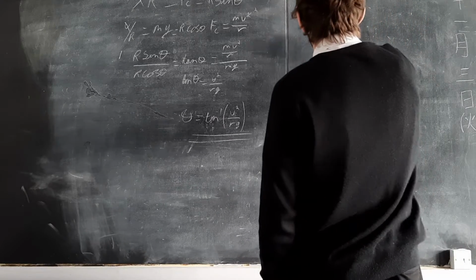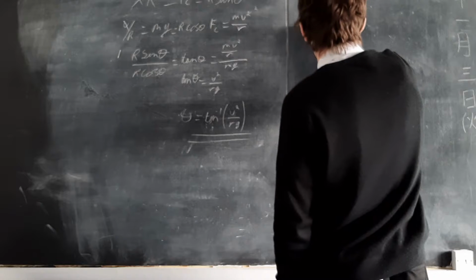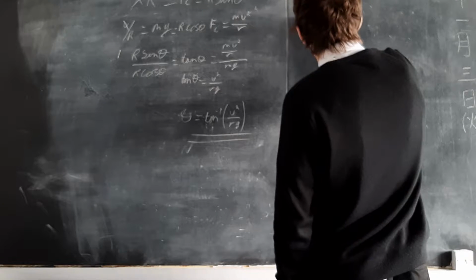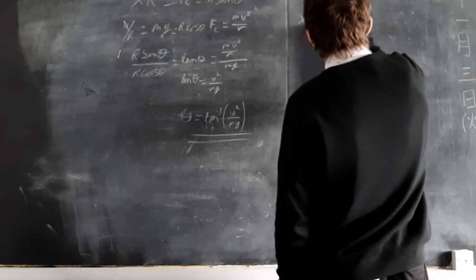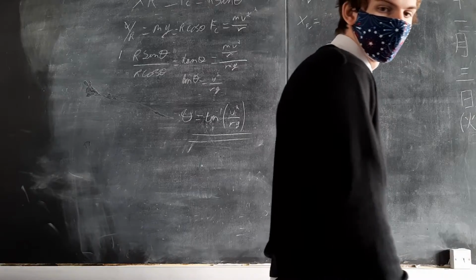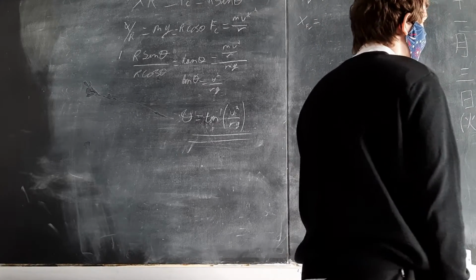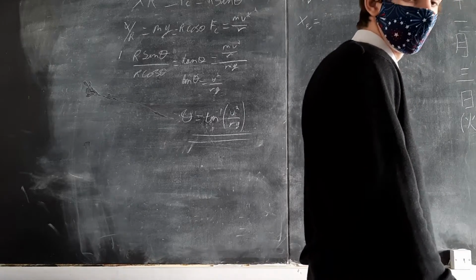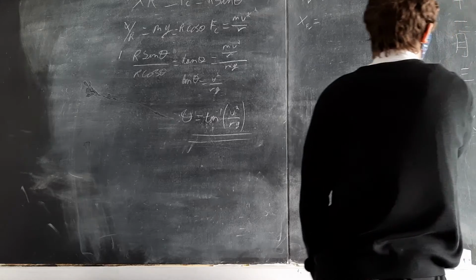Okay, so we will have x of fr is equal to mu R cos theta. Oh, I may need to add them, because they're both acting in the same direction.